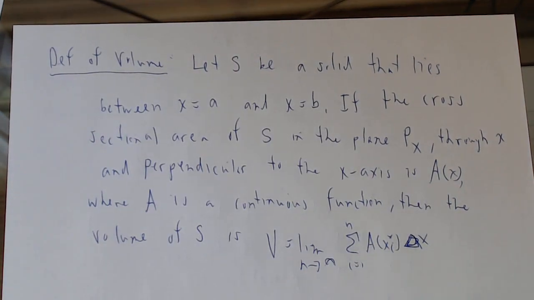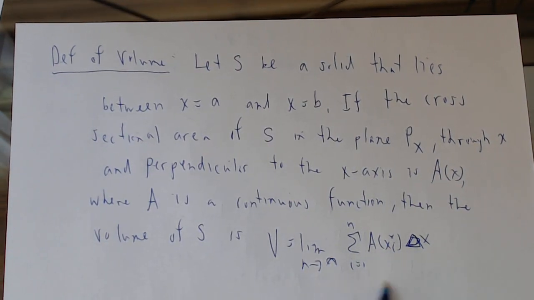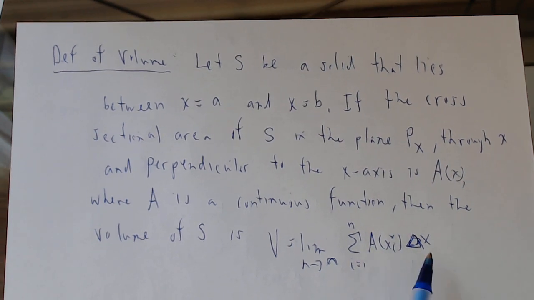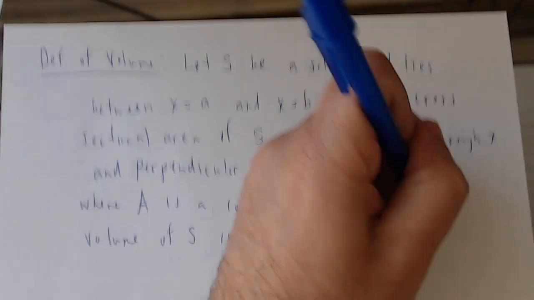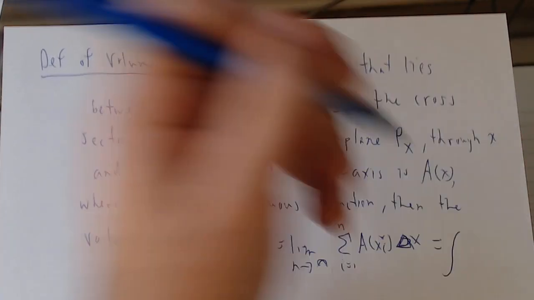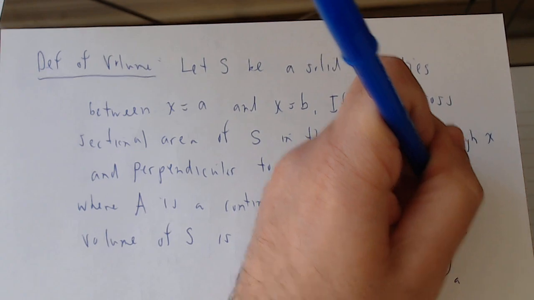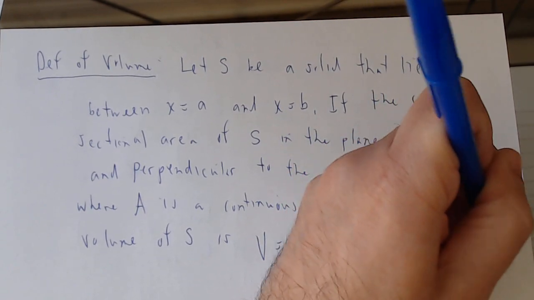This is volume, okay? Why is this the volume? This is the area of the cross-section times the thickness, which is area of the base times the height. That's the volume, and I'm adding up infinitely many, which by the definition of a definite integral becomes the same thing as the integral from x equals a to b of A of x dx.